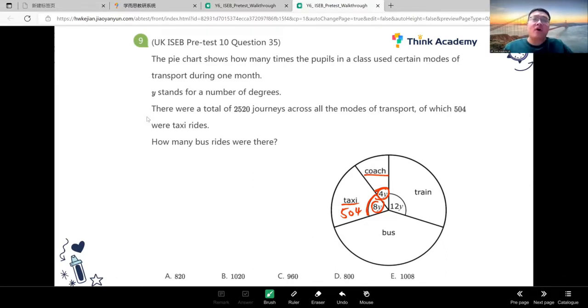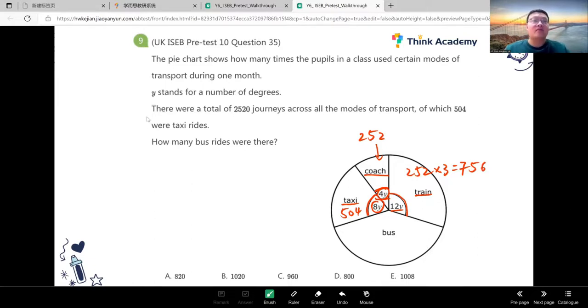So to get the number of coach, it's just a half of 504, which is 252, right? And as for the train, it's 12. And we know that 12 is 3 times of 4y. So the number of train equals 252 times by 3. And that gives you 756, okay, 756 of trains.